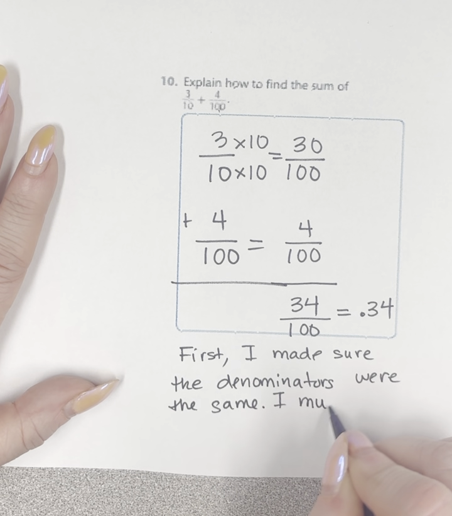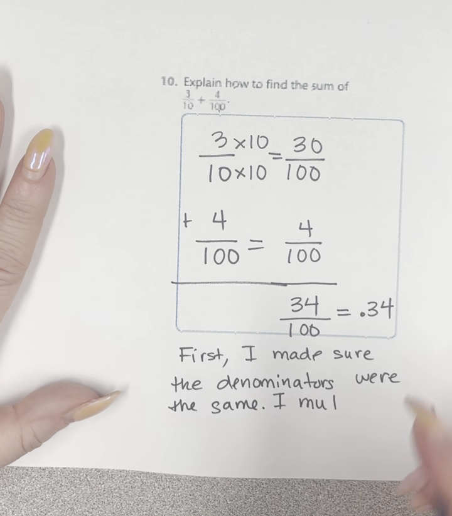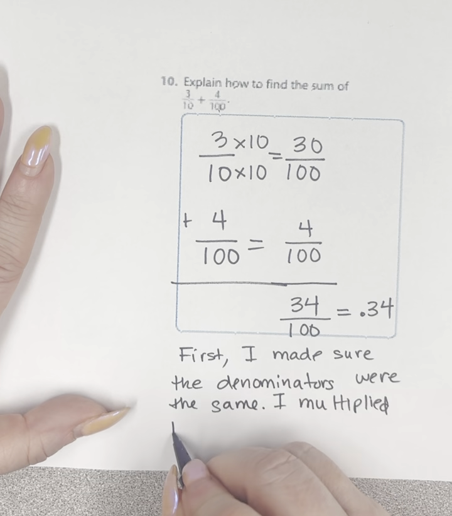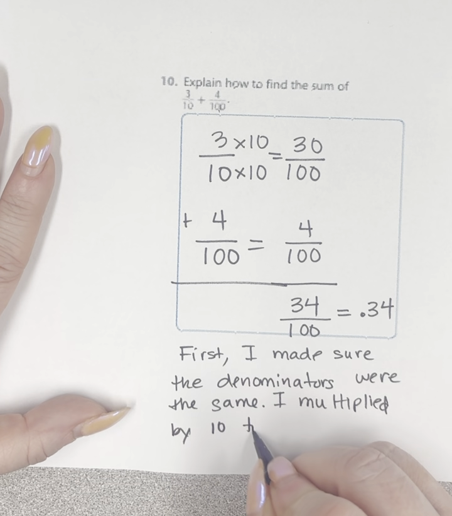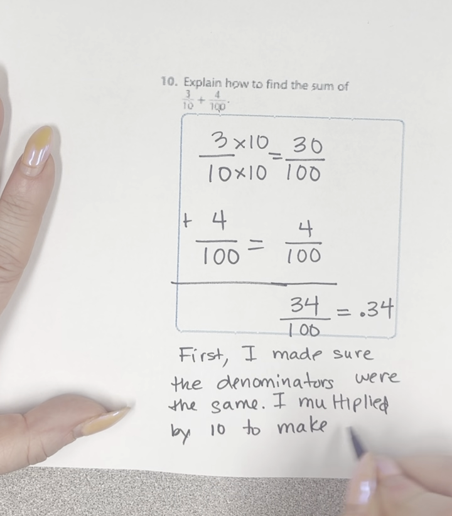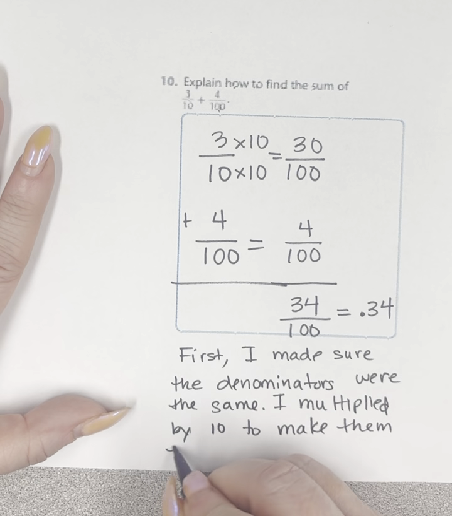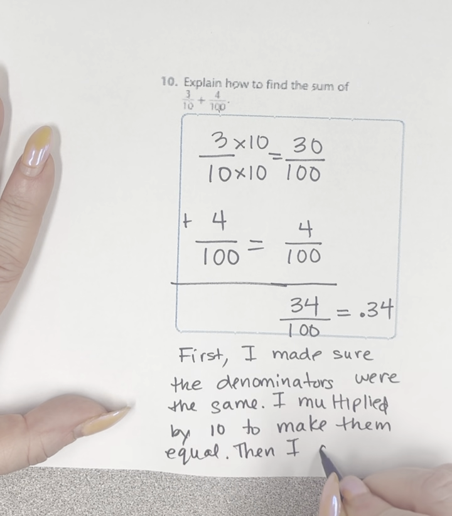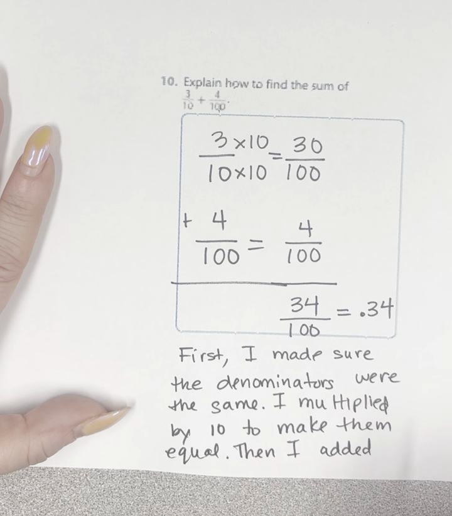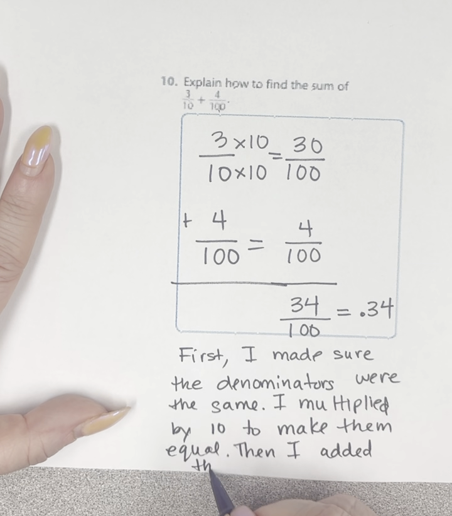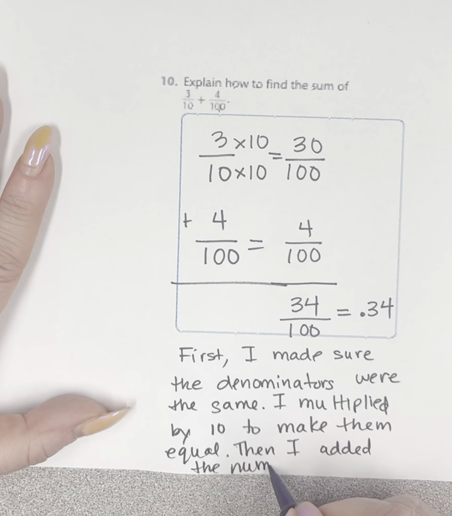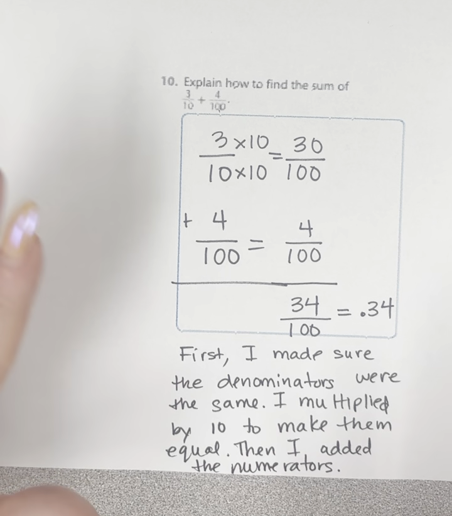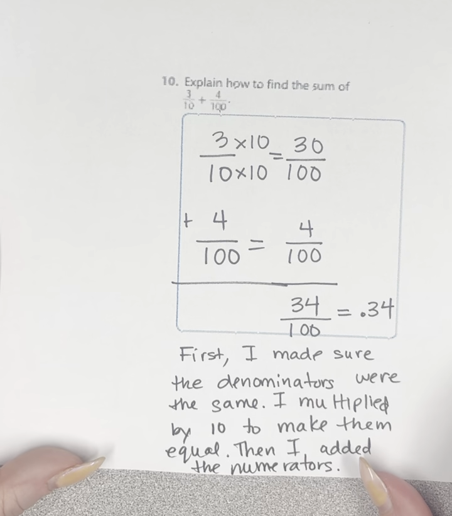I multiplied by 10 to make them equal. Then I added the numerators. I'm going to squeeze it in here so you can see my explanation. Okay, and that's a great explanation. Tell me step by step what we did.